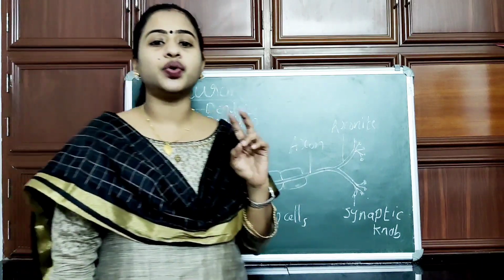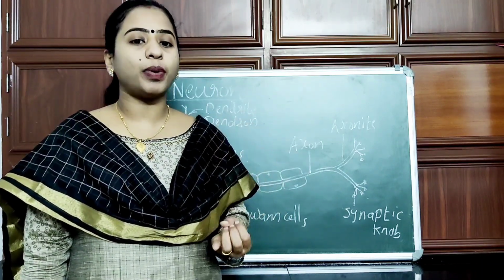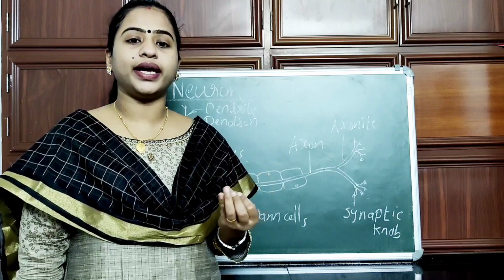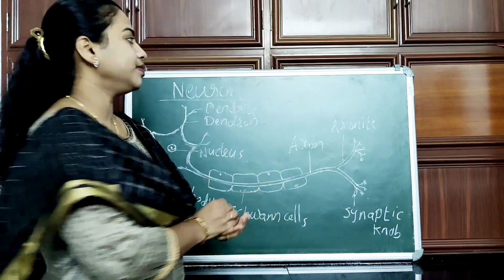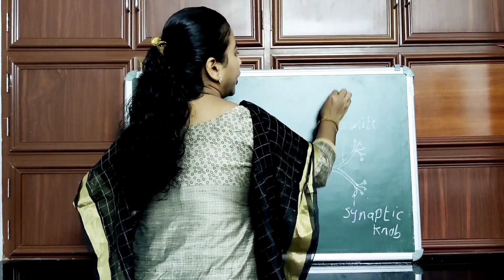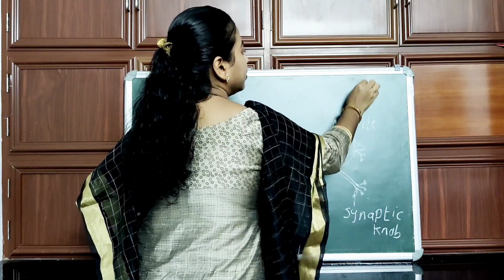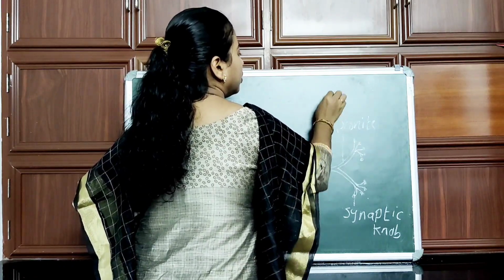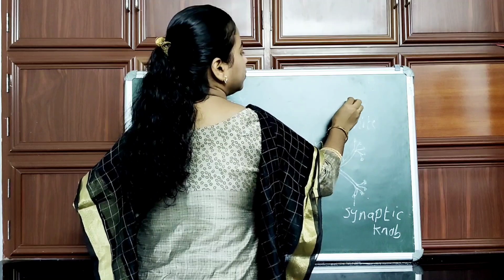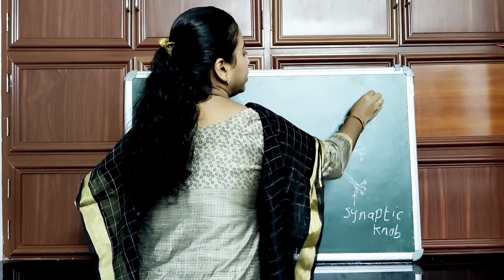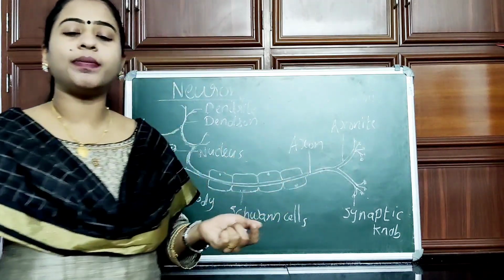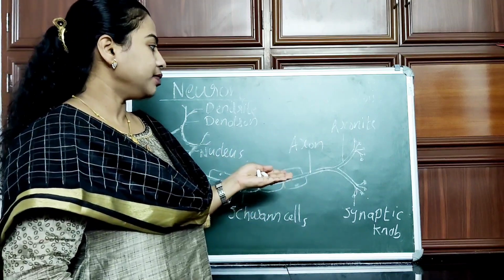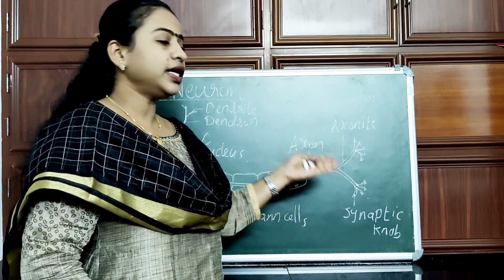There are two neurotransmitters, dopamine and acetylcholine. Dopamine and acetylcholine are secreted by the synaptic nerve.